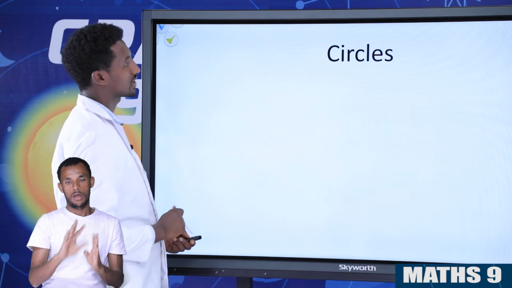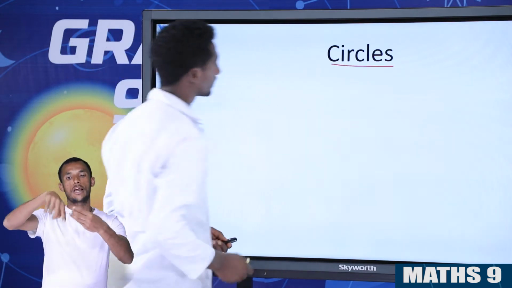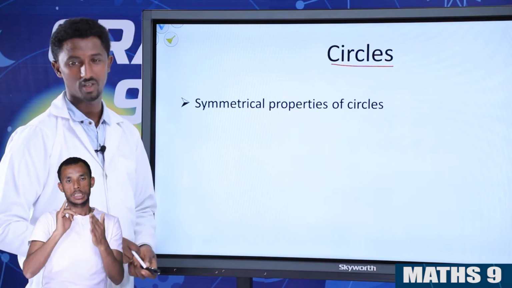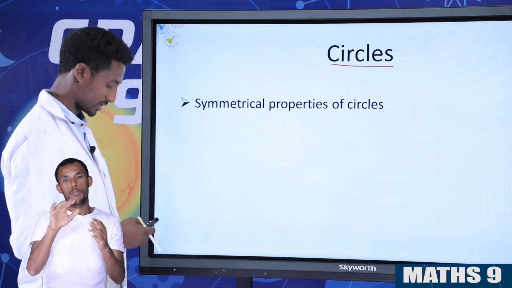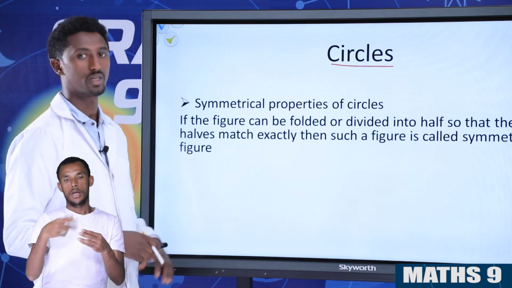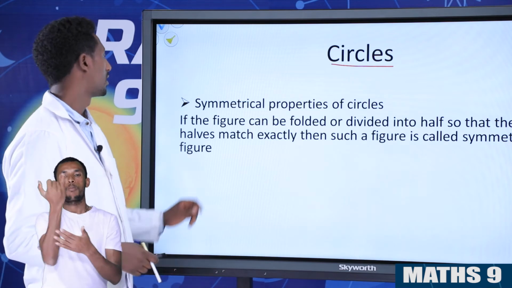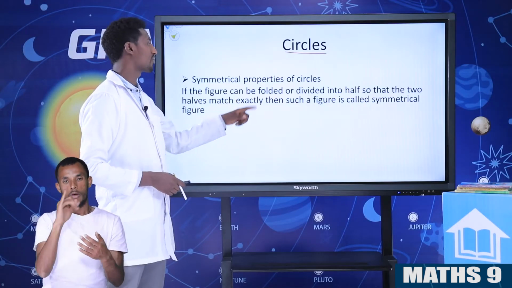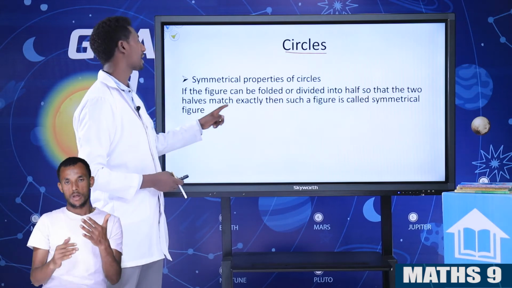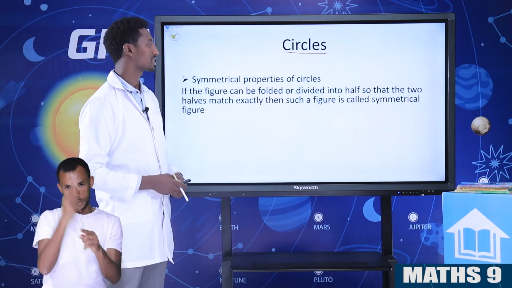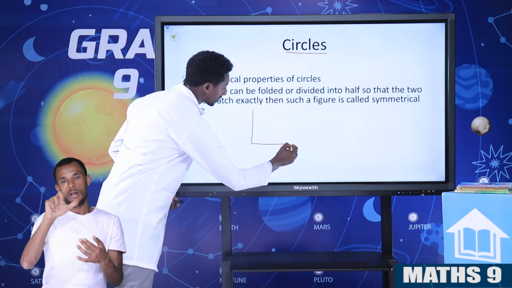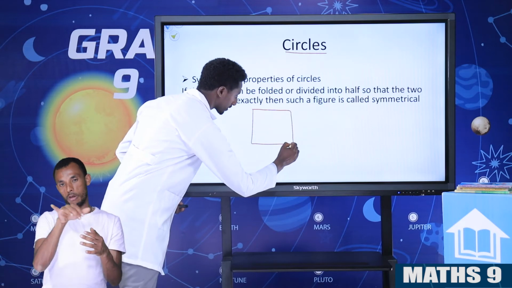And let's see about circles also. Under this lesson, let's see what the symmetrical property of a circle is. If you recall, the symmetrical property of figures generally: if a figure can be folded or divided into halves so that the two halves match exactly, then such figures are called symmetrical figures. For example, let's take this square paper.